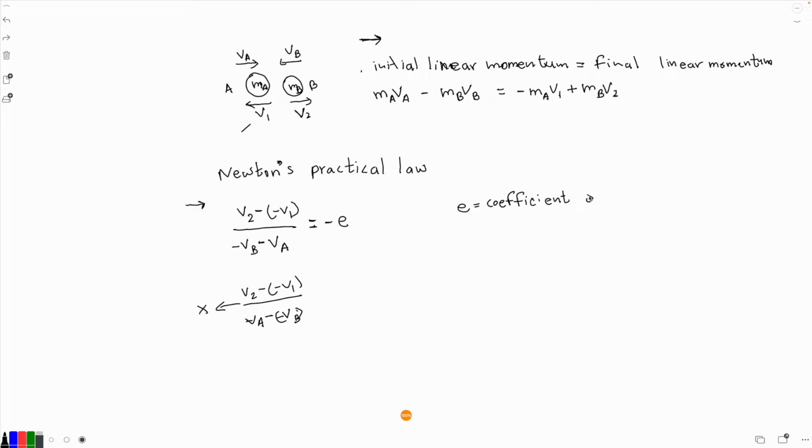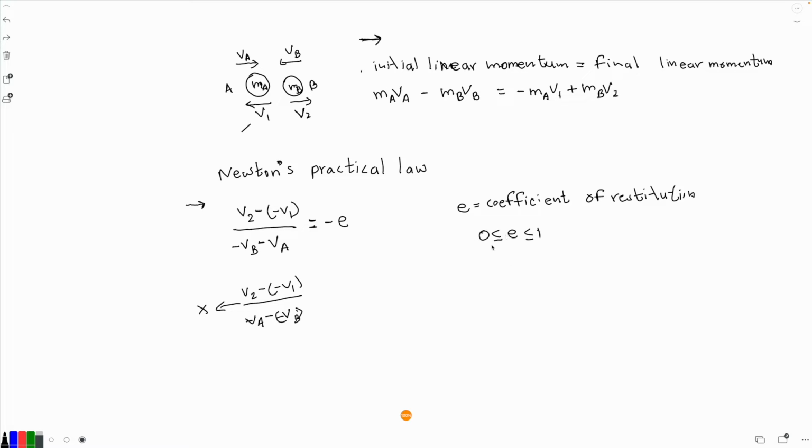Right? The value of e is between 0 and plus 1. So it can be 0 or plus 1. The maximum value of e is 1. The minimum value of e is 0.